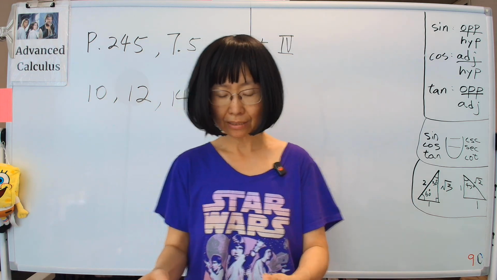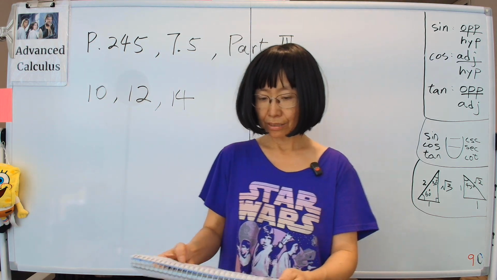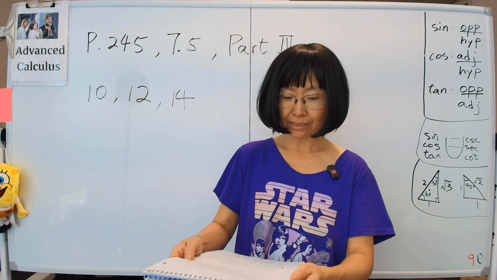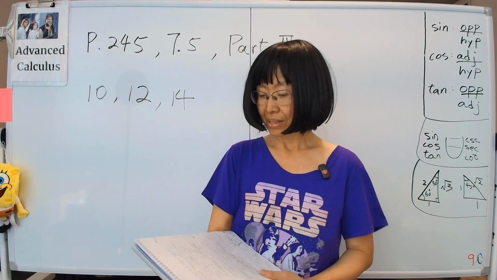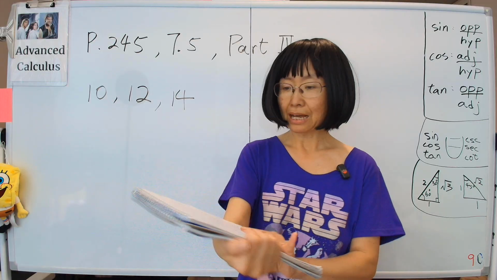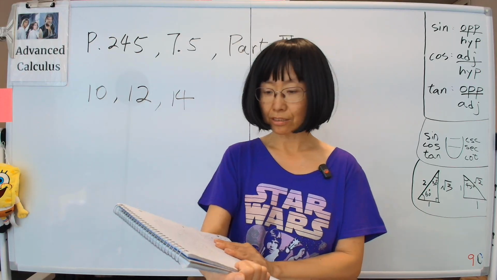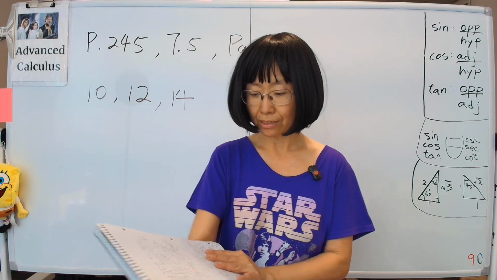So next, let's consider problem 14, which is actually something that I already did. We're just calculating the Jacobians for the spherical and the cylindrical coordinates.